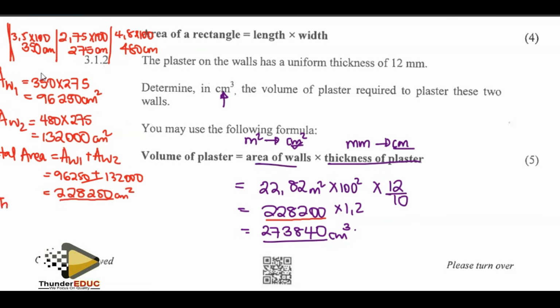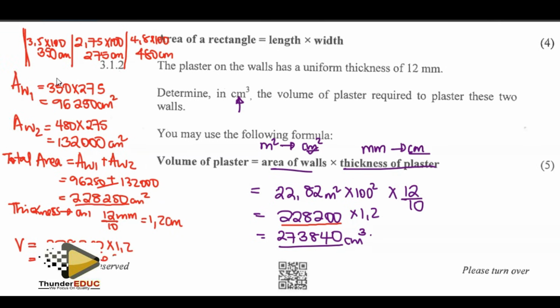So let's change the thickness to centimeters, whereby you get 12 millimeters divided by 10. You get 1,2. These are centimeters. So now your volume would equal this, your volume in centimeters cubed. 5 marks.